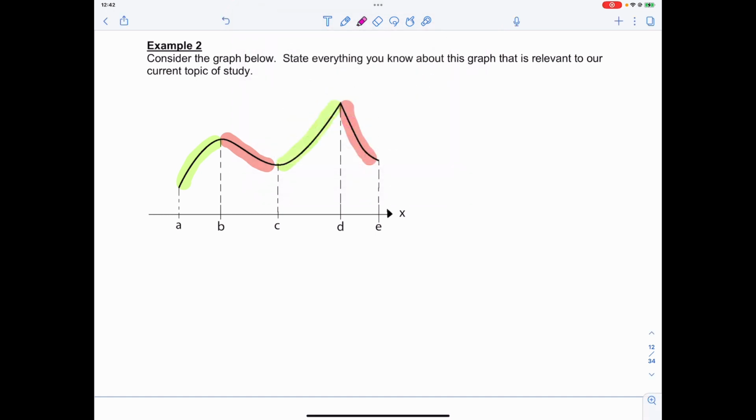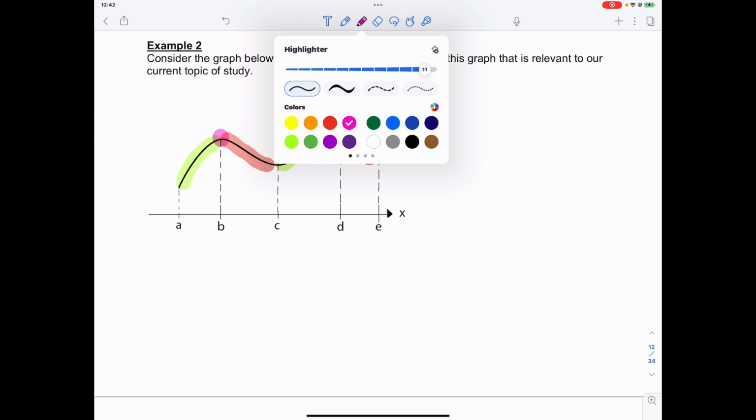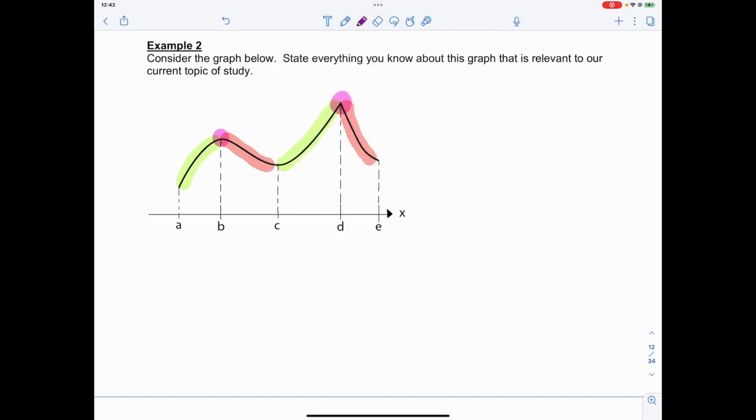I have maximum points here and here. I have a local minimum point right here. And I can see that this is the absolute max, and that this is the absolute minimum of my graph.